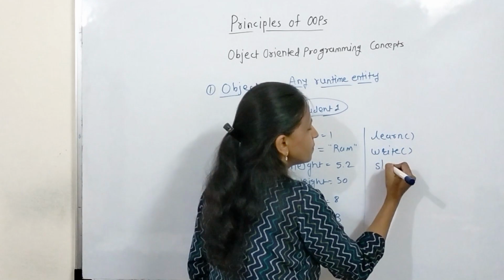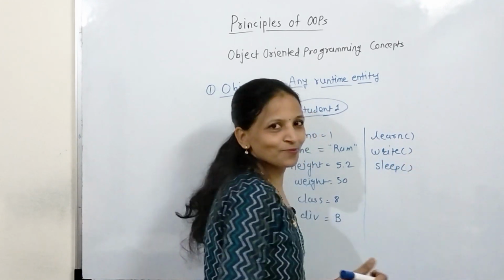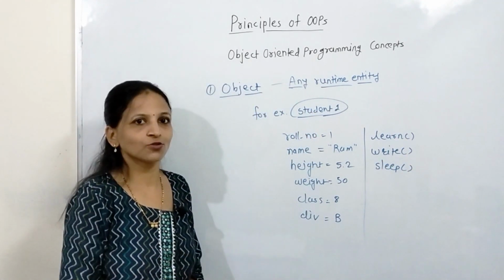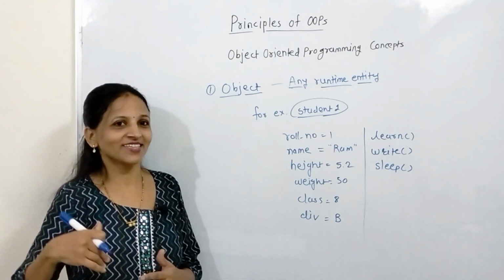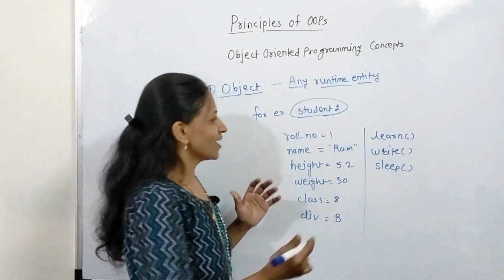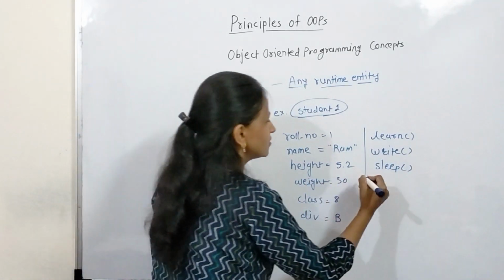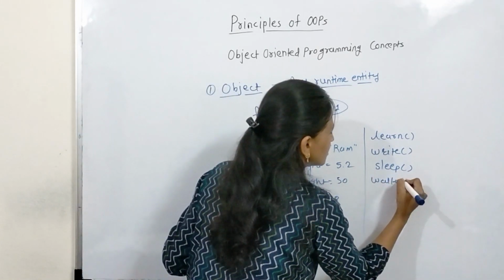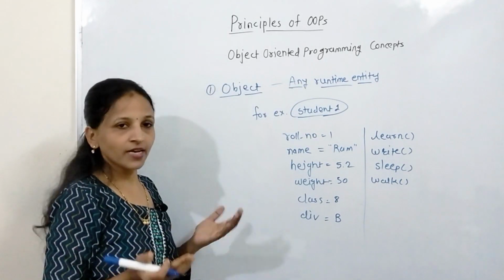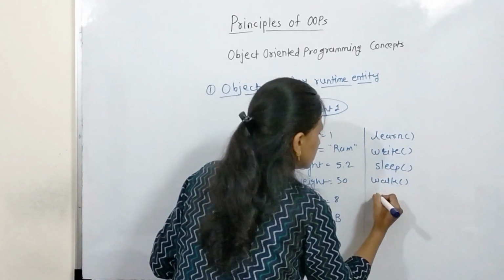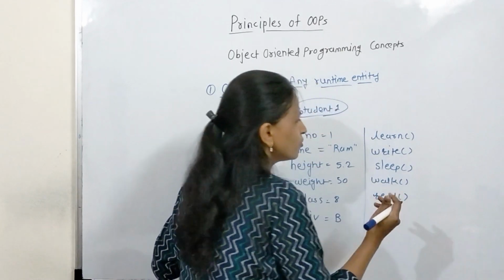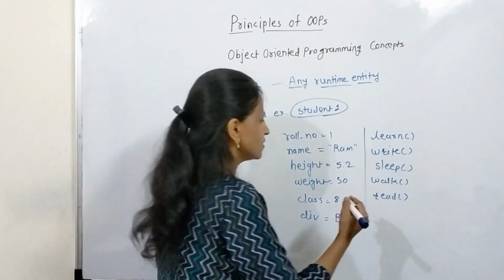A student can sleep. A student may sleep not in the classroom, outside the classroom, at his home. Then a student can walk. This is again one functionality. Then a student can read. This is one more function. Any number of functions. A student can eat.